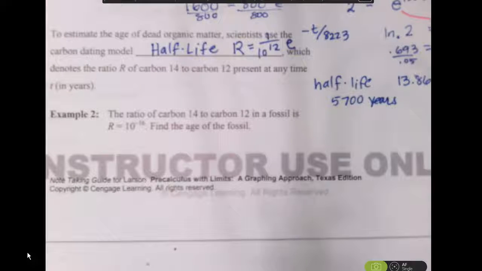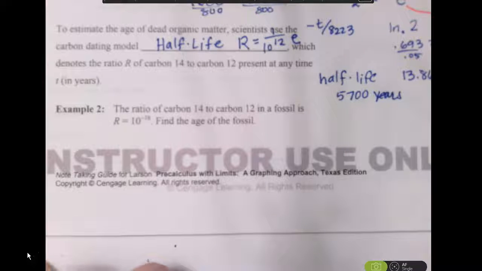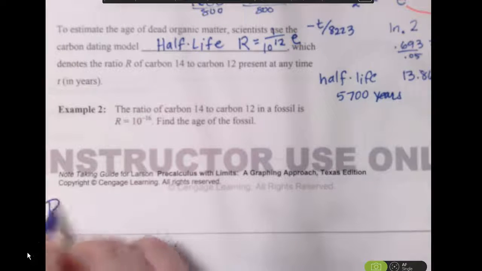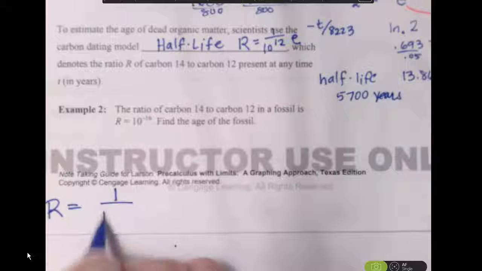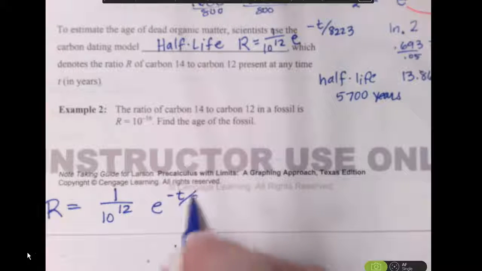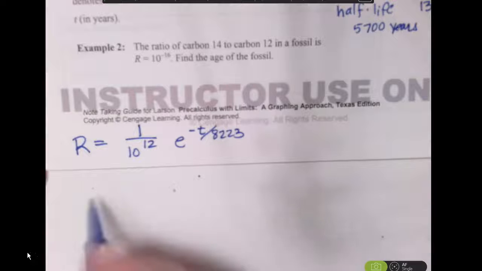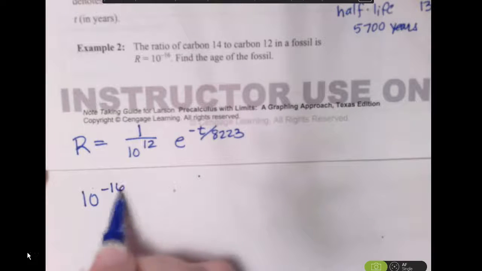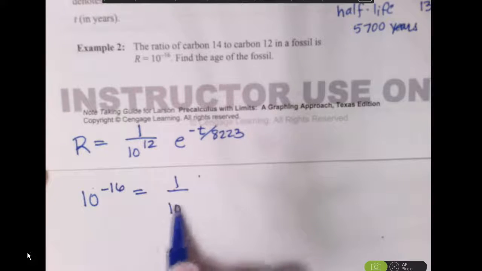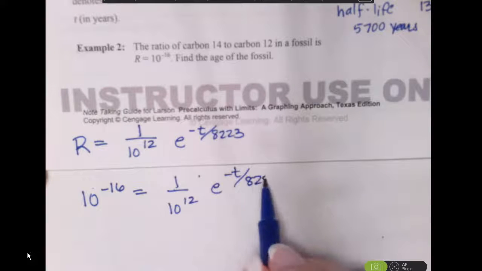Okay, so let me rewrite my formula nice and neat. R equals 1 over 10 to the 12th e to the negative t over 8,223. And then I'm going to substitute the R value that I was given in this problem. So 10 to the negative 16th equals 1 over 10 to the 12th times e to the negative t over 8,223.